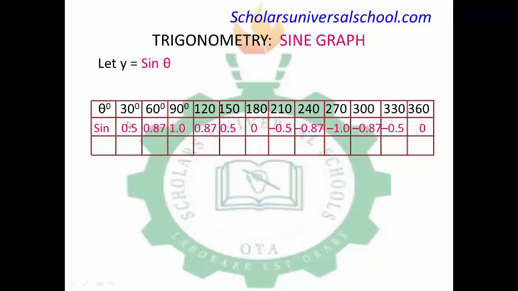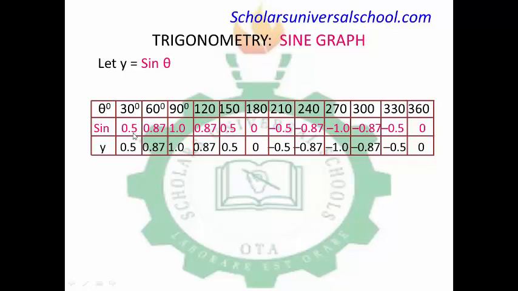So we have been able to get the value of sine theta here, and that is shown in pink color here. So you can now put your y here, because y is whatever you get for sine theta, since this equation says that y equals sine theta. Let us see what happened. We can see y equals sine theta.